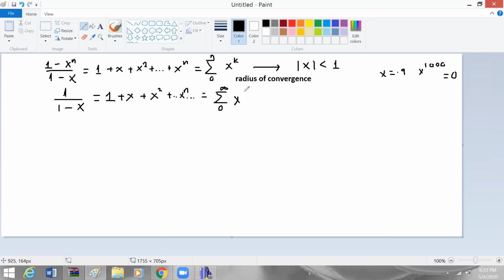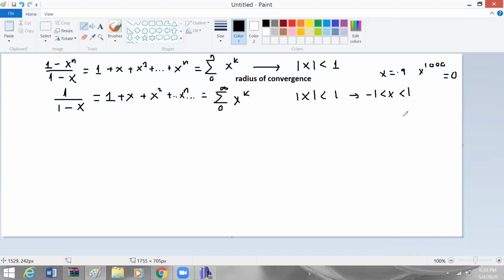So this can only be satisfied when we have the radius with x less than 1. In other words, we can rewrite this as negative 1 less than x less than 1.